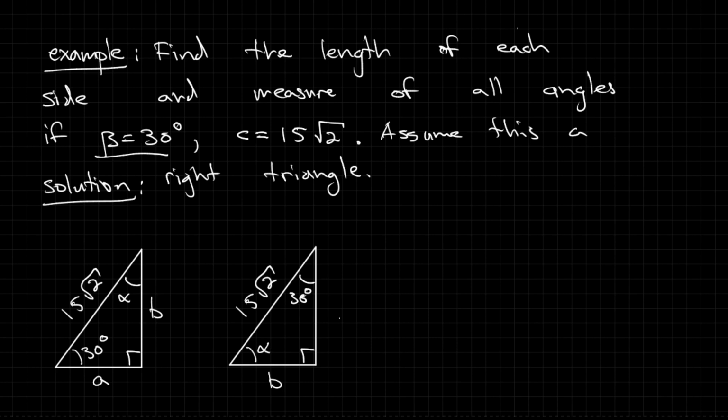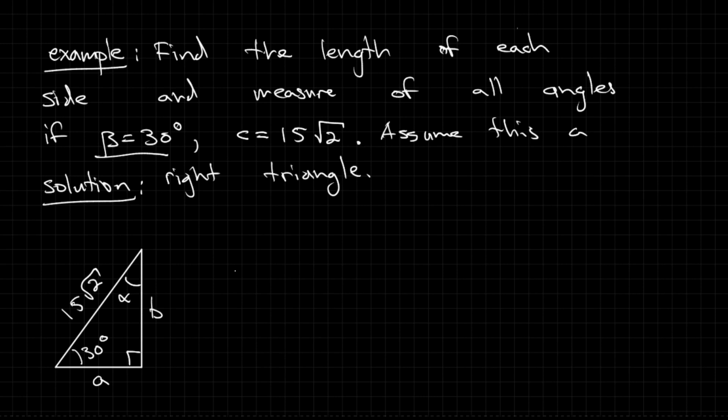Then that would force this lower left hand angle to be alpha and A to be the side across from alpha. So either of these drawings are fine. What would not be okay is to label alpha to be the angle opposite to B.